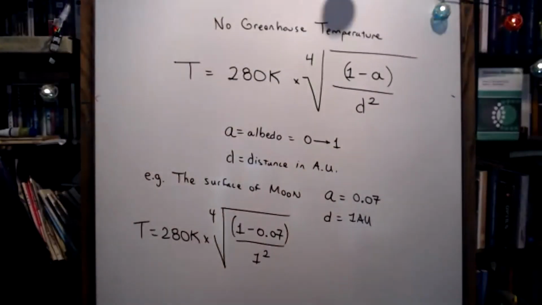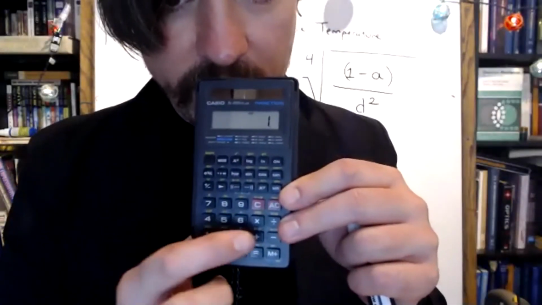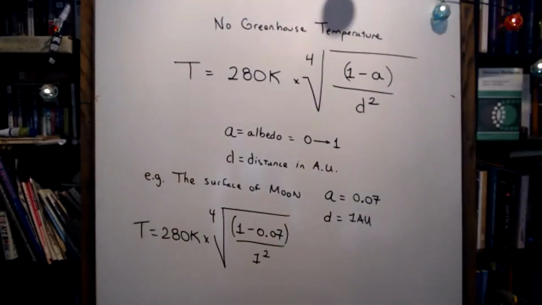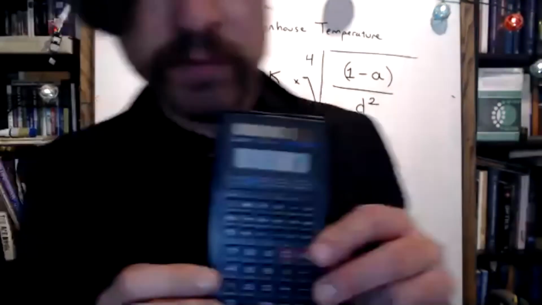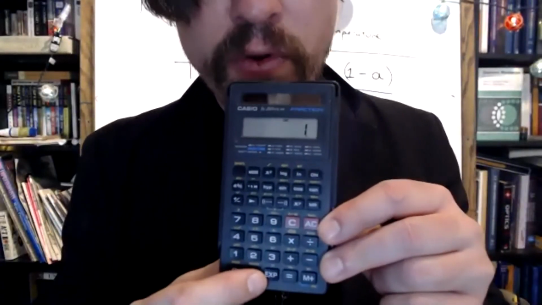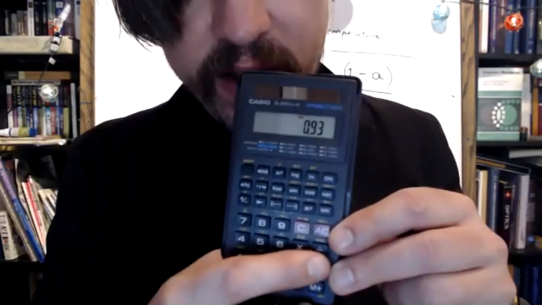All right. So let's do this. 1 minus 0.07 equals. Now, normally we would divide that by something squared.